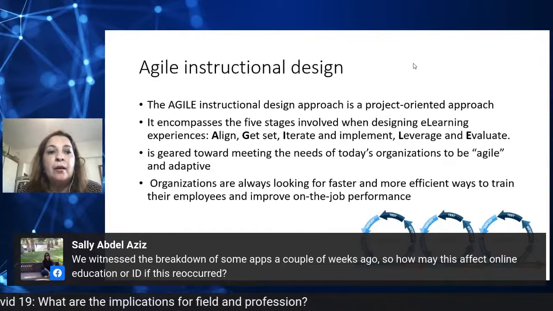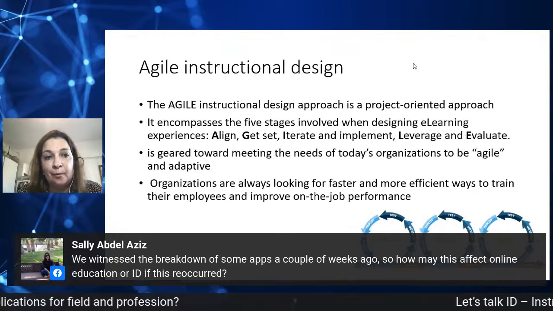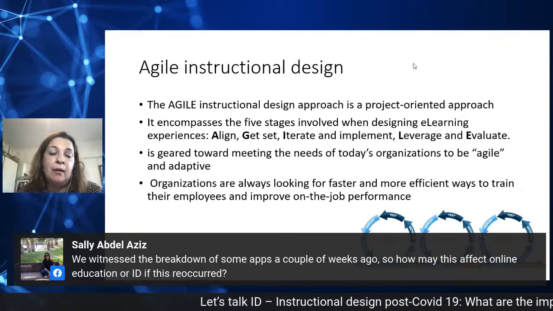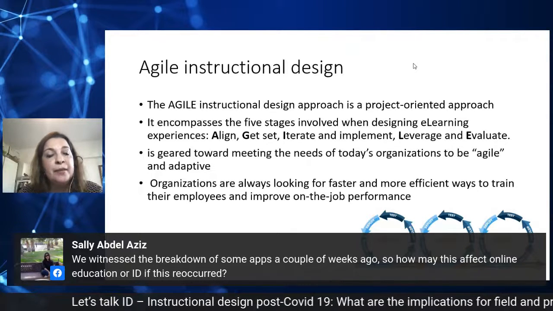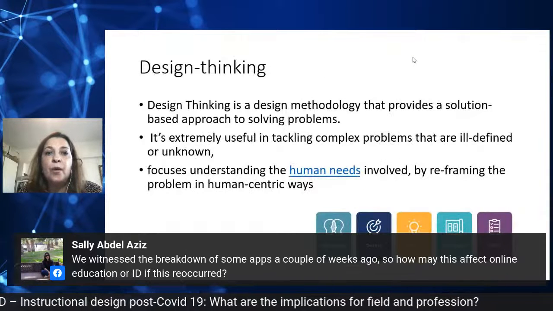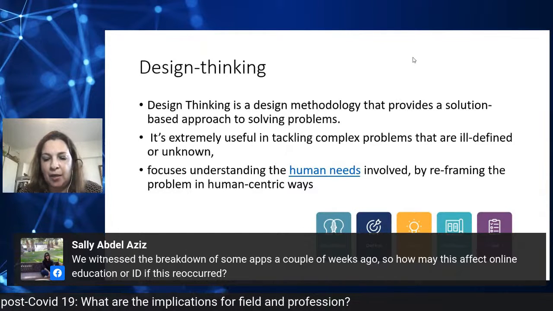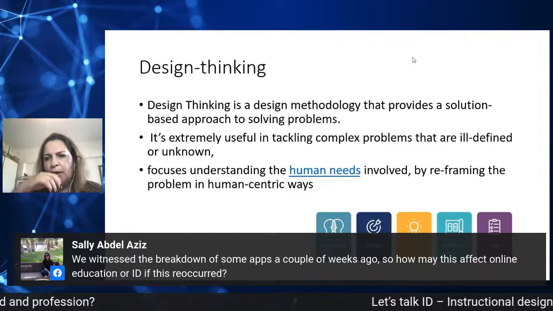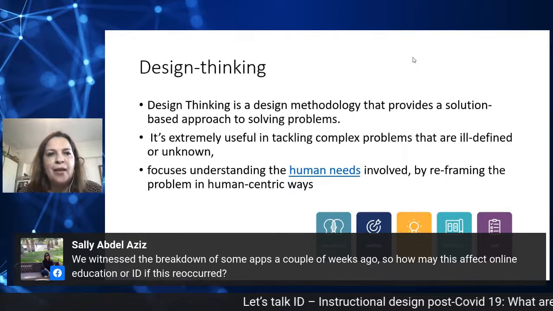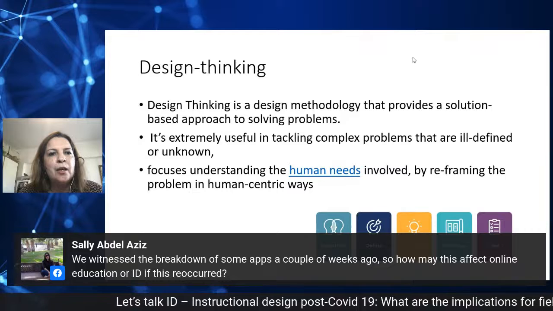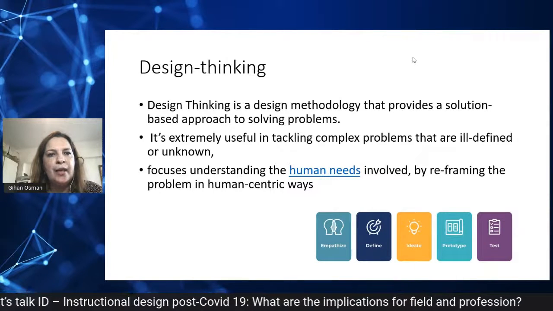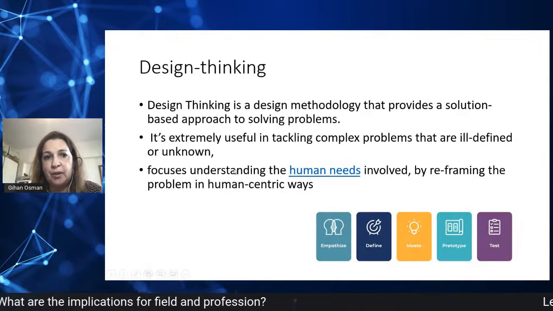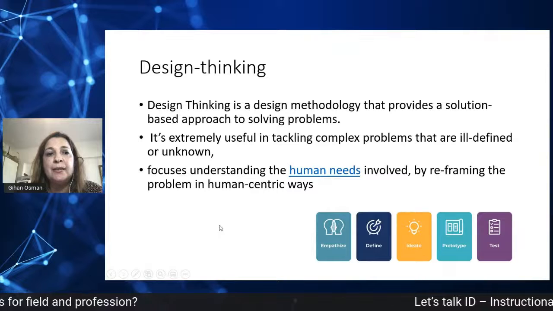The other framework that I think might be very important at this point in time, past the pandemic, is design thinking. Please, next. So, design thinking is another framework that comes from, again, the industry, and focuses on human centered design, really putting the end user in mind and making him or her part of the process.